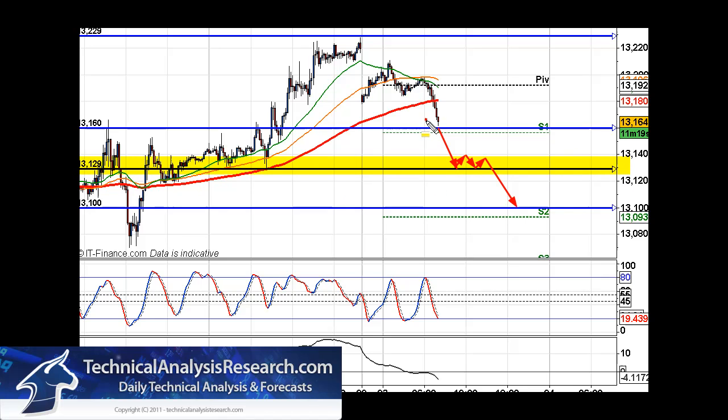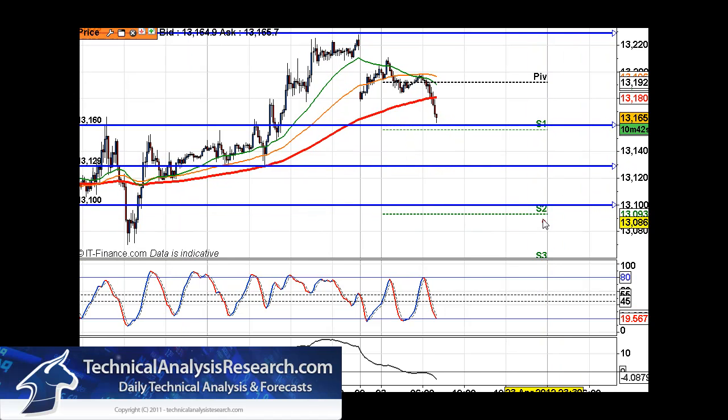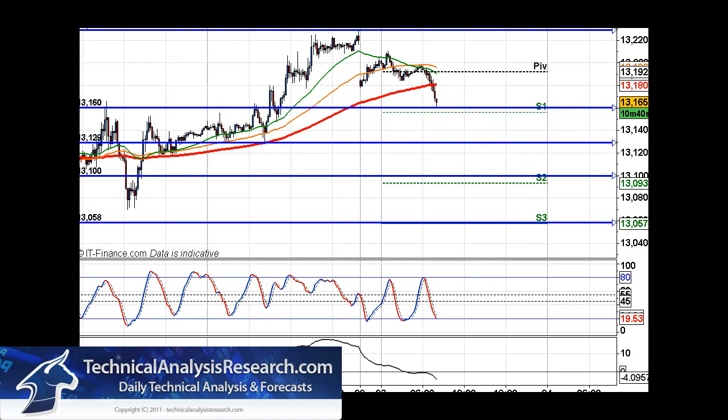But again, you can trade a break of that 131.60 down to that 131.29. And if the 131.29 level gives way as well, then we'll be looking for an extended move down to that 130.59. So significant areas right here.